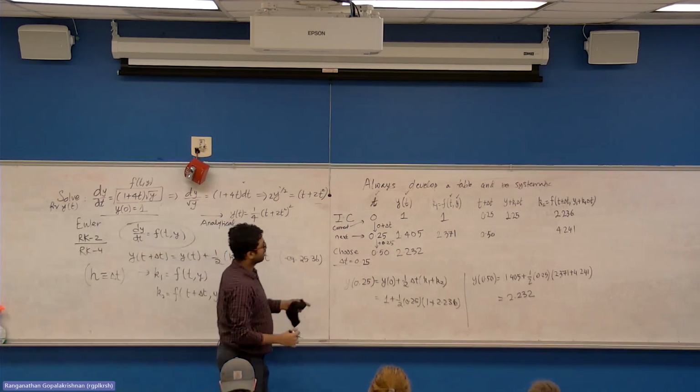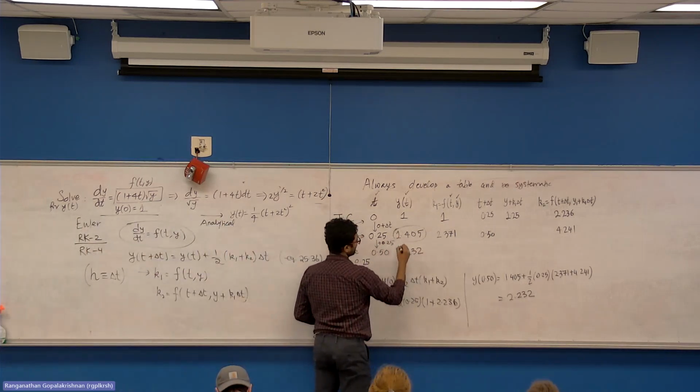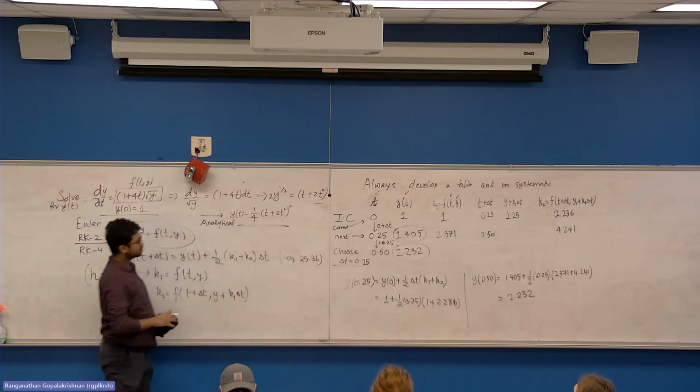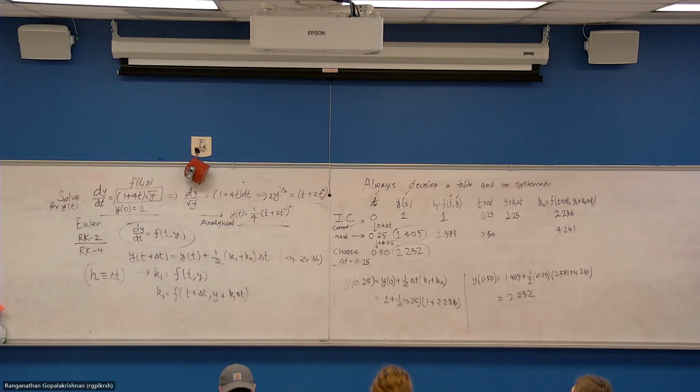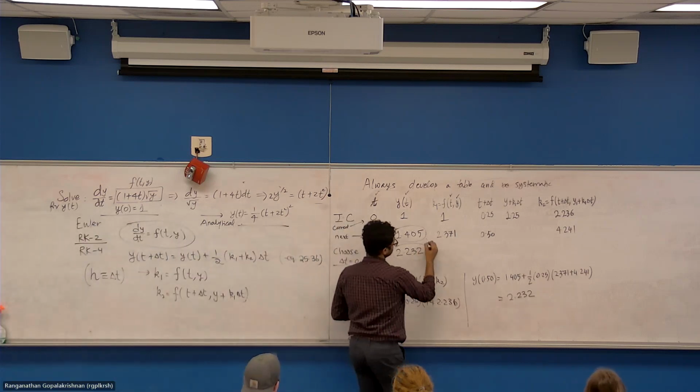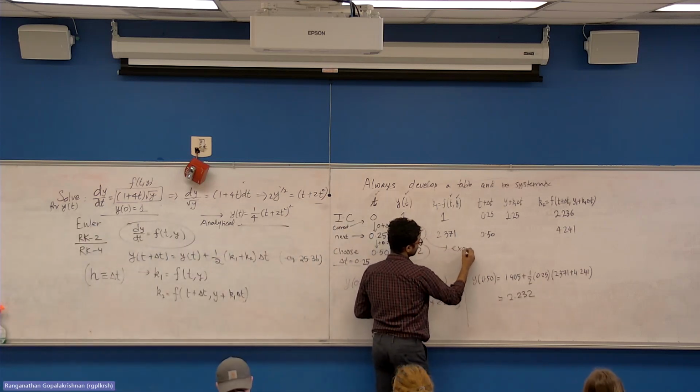Which you can do by comparing this value against the exact value given by this function. So y exact for 0.25 would be 1.4102. That is the exact value.